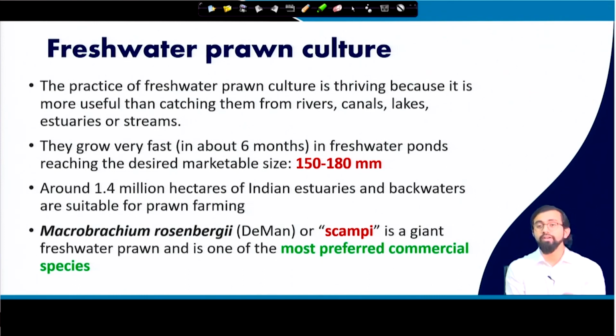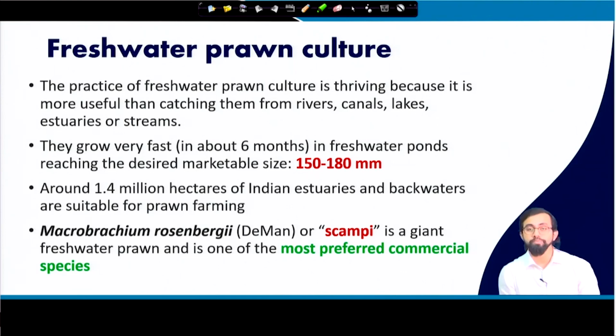So there are ample opportunities with this particular sector, freshwater prawn culture, in the Indian scenario, and definitely there is a possibility of designing a proper farm so that we can get maximum benefit, economic benefit as well, considering environmental benignness. Macrobrachium rosenbergii, or the scampi, is the most preferred commercial species available in India, and not only India, but also Southeastern Asia. It's a giant freshwater prawn, we call it.